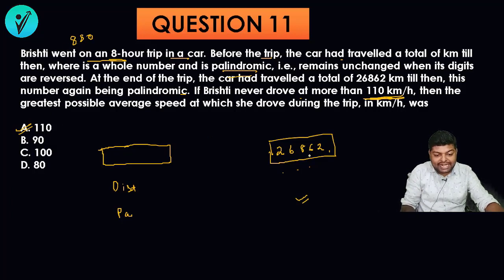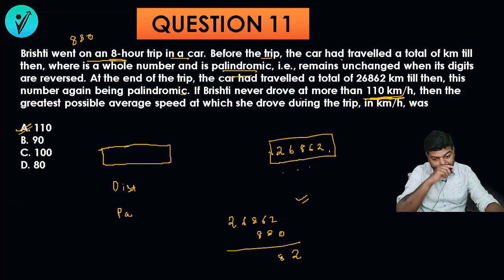So if I subtract 880 from 26862, will I be getting a palindromic number? Let's see. 2 minus 0 is 2. 6 minus 8 is 8 with a borrow.